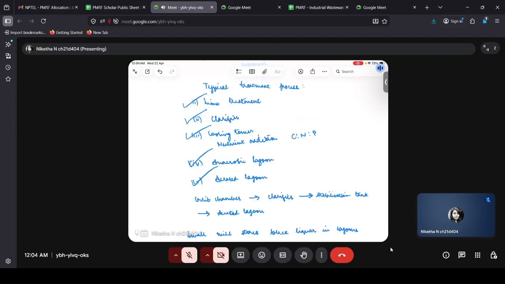So having a clarifier followed by anaerobic and aerated lagoons. So this is an example of how the physico-chemical as well as biological processes can be combined, in series.